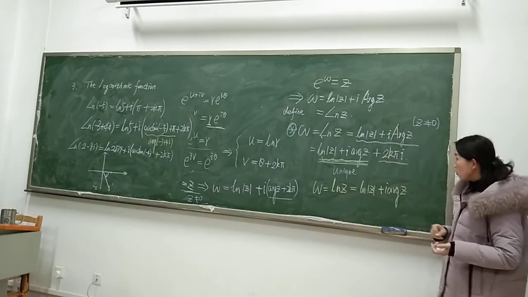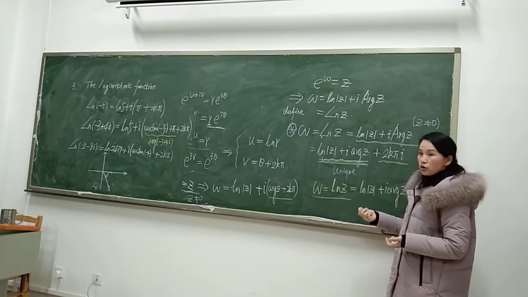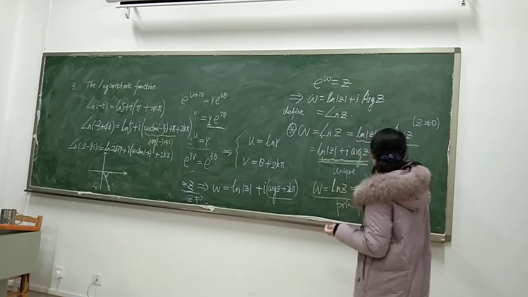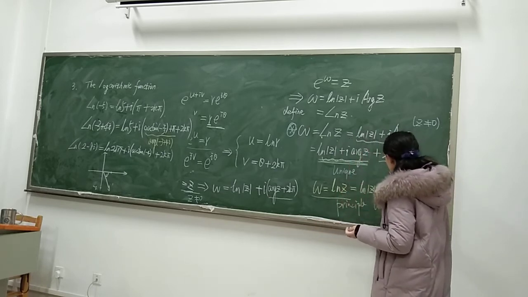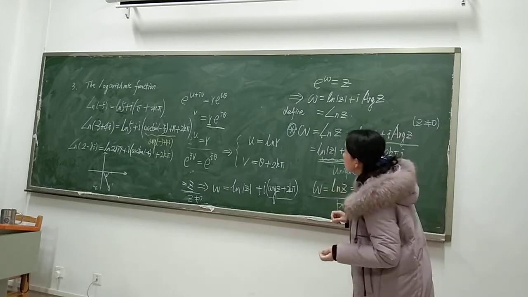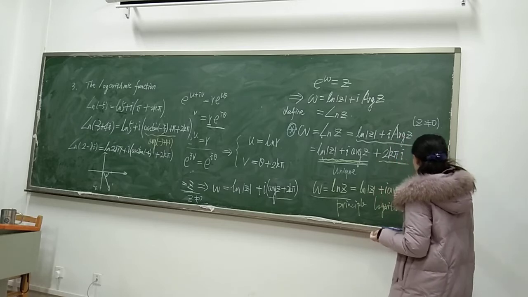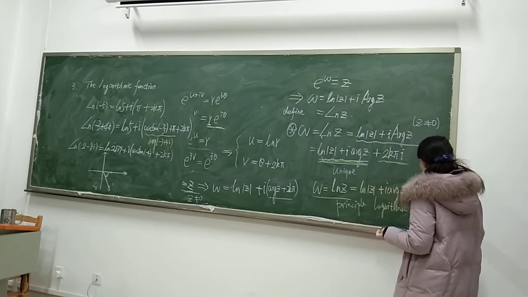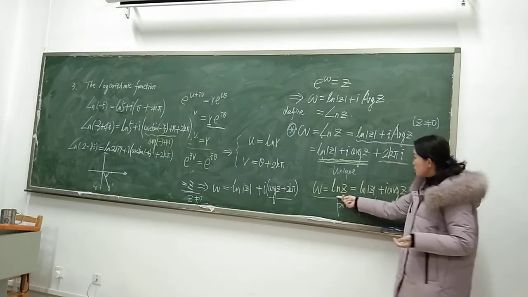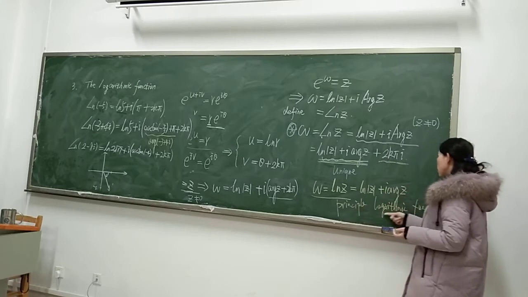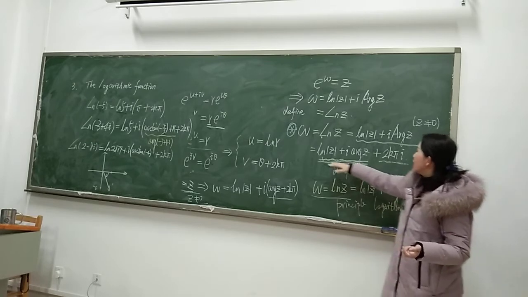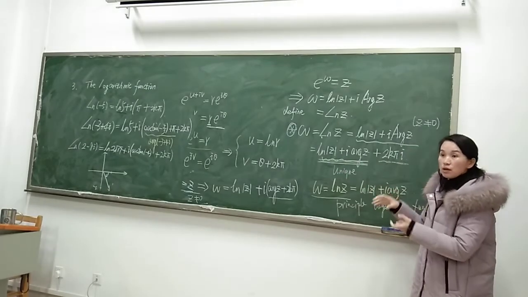This is okay. So we say this logarithmic function is the principal. If there is no 2k pi i, we say this function is the principal logarithmic function. If there is a 2k pi i, we say this function is a logarithmic function.